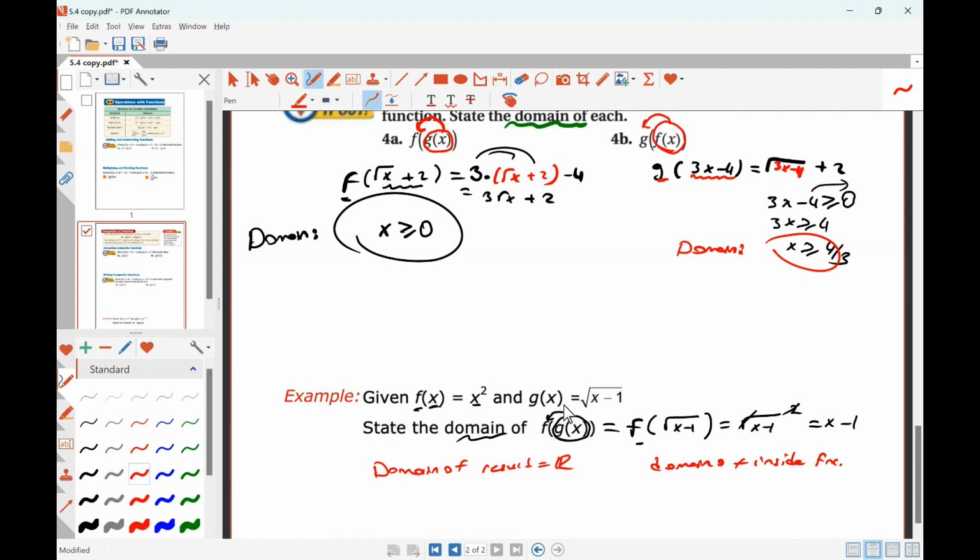Domain of g of x, since there is a square root, there is a restriction. Under the radical, we cannot have negatives. So we say x minus 1, the stuff under the radical, is greater than or equal to 0. So x is greater than or equal to 1. So the domain of the result is all real numbers. The domain of the inside function is x greater than or equal to 1. We take their intersection. The smaller interval, the smaller domain will be our domain. So x greater than or equal to 1 is the domain of this composition function.